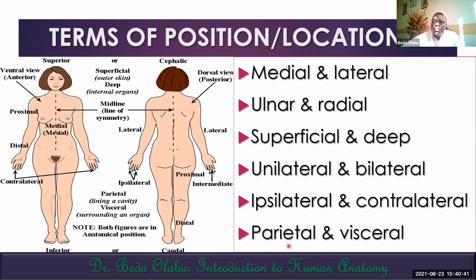The term parietal means external layer, outer part, and visceral means the inner part or the inner layer. These ones are generally used when describing layered organs, layered structures. So the outer layer is the external layer, parietal is a term, and the inner layer is the visceral layer. The term viscera actually means hidden, so inside.